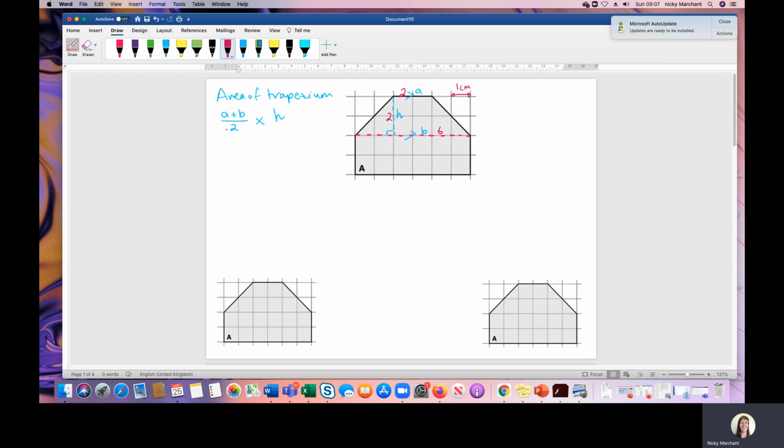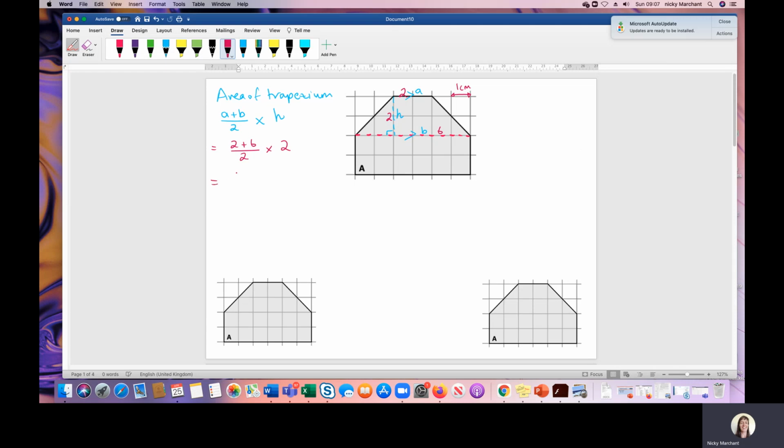Substituting in, you won't get anything for pulling that formula out, you have to use it. So it's your a length plus your b length, halved, multiplied by the height, and this happens to be 2 as well. There are just far too many 2s in this question.